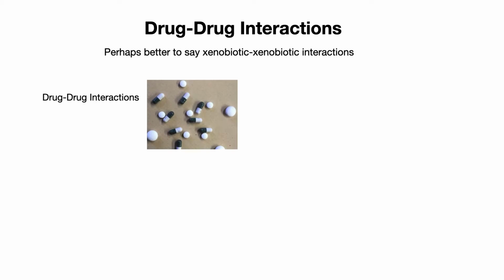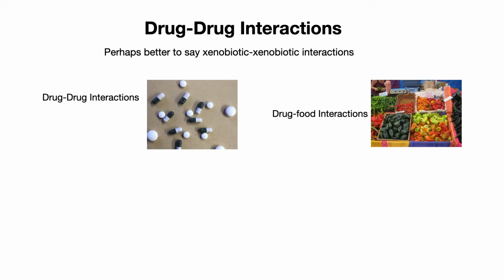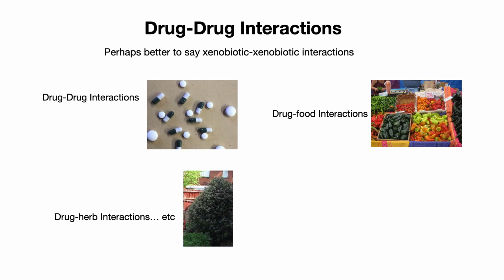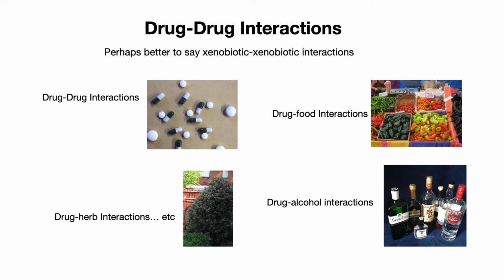First of all, let's just clarify what we mean by a drug-drug interaction. It is perhaps better to call them xenobiotic interactions, although that is a little bit of a mouthful. There are certainly interactions between different drugs, but you can also get interactions between drugs and food, drugs and herbs, and drugs and alcohol.